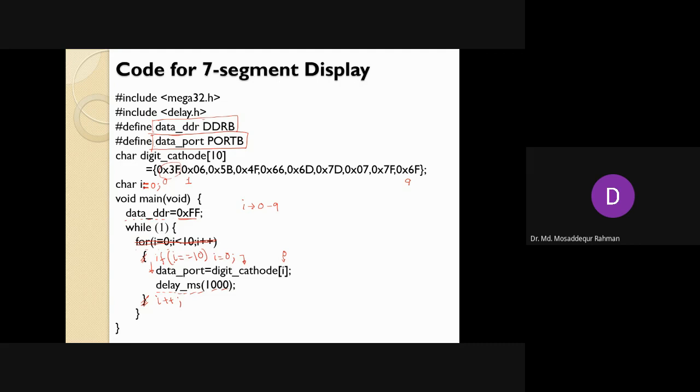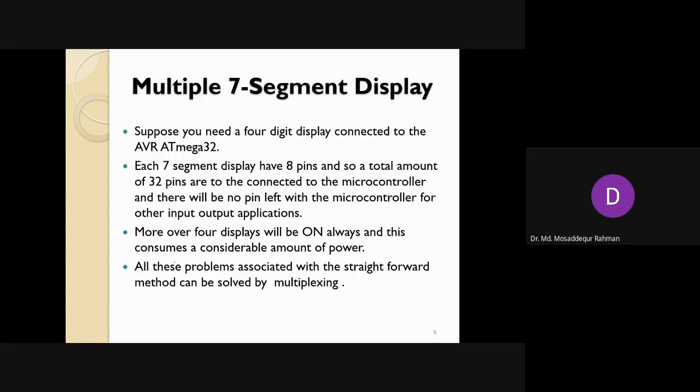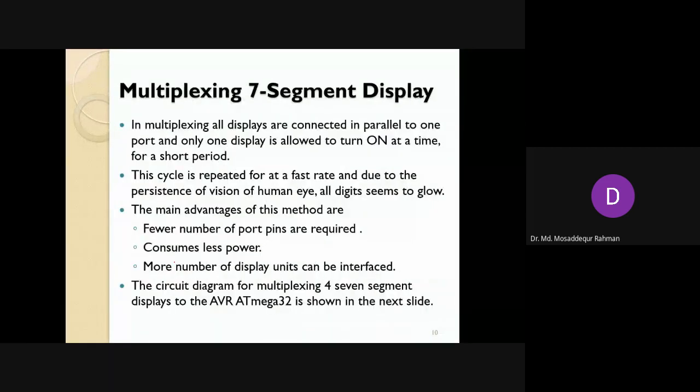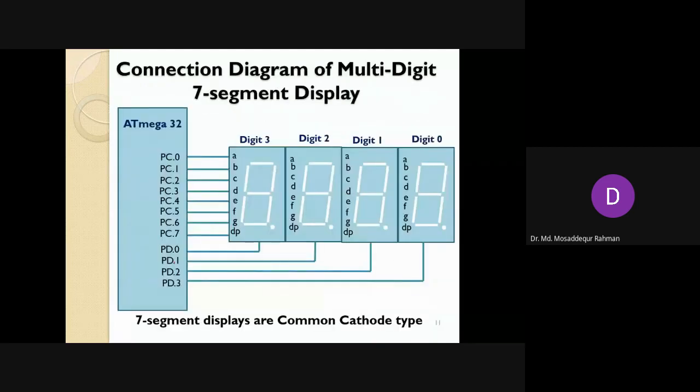So with a very simple modification, we can have the same output, right? This is just for a single digit, but usually we will need many such segment displays to display a whole number. Usually numbers are not just one single digit, you will have multiple digits in a number.